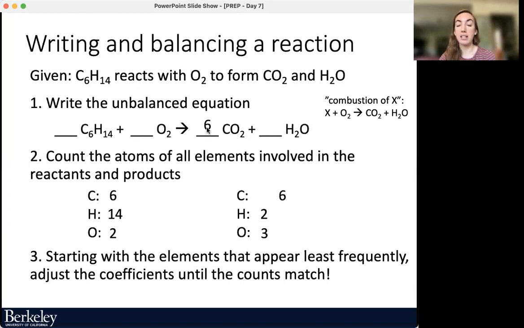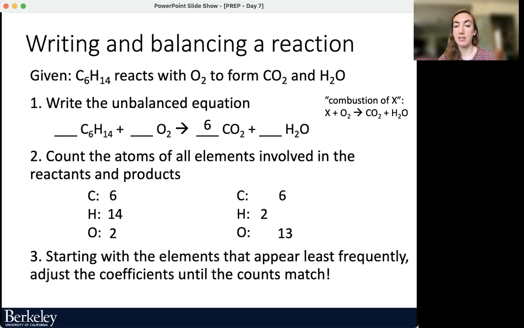I have 6 CO2 molecules, each of which has 2 oxygens, so a total of 12 oxygens, and I still have 1 in my water. So this is 13 oxygens on each side.